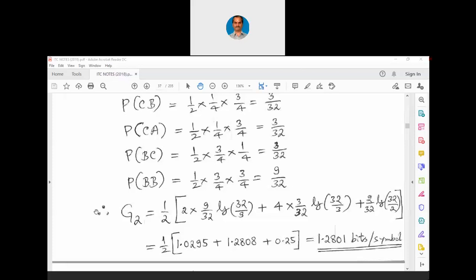So, the conclusion is when the number of symbols in a sequence increase, the net information content reduces. Okay. If at all I have to give you one real life example, let us say I send you an SMS which is containing only, let us say, 5 words.